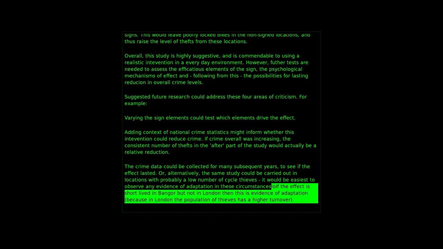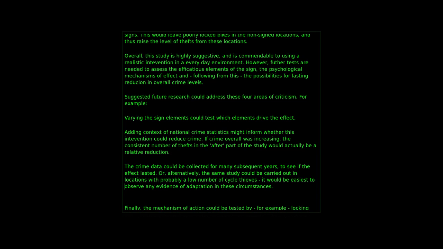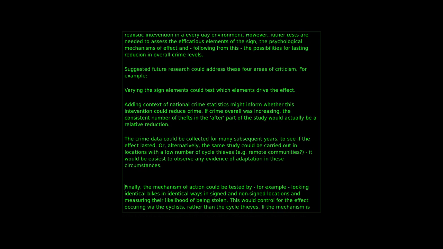It's not really interesting to compare London, where it'll be hard to observe the effect. You want to find an effect, you've got to test it where it's likely to be. So I'm just saying the same study could be carried out in locations with a low number of cycle thieves, e.g. remote communities. It would be easiest to observe any evidence of adaptation in these circumstances.